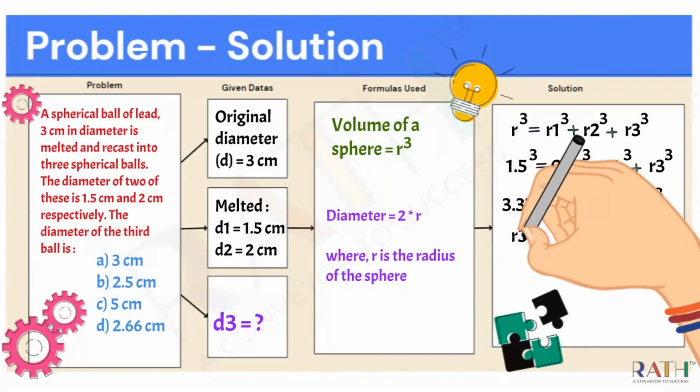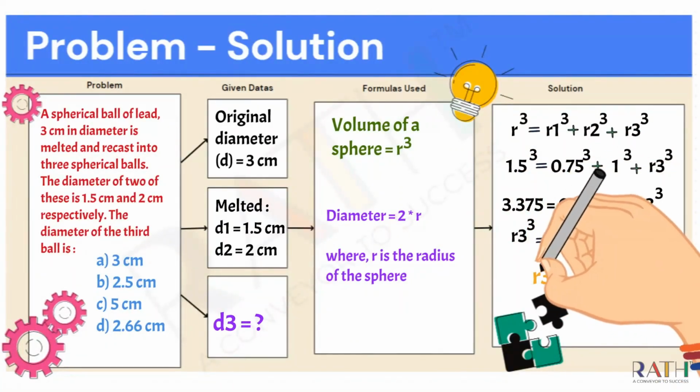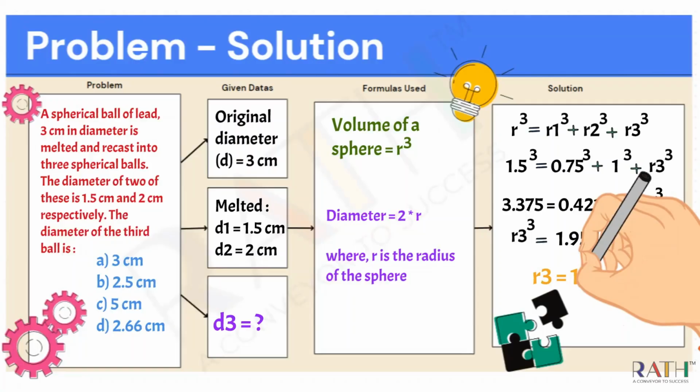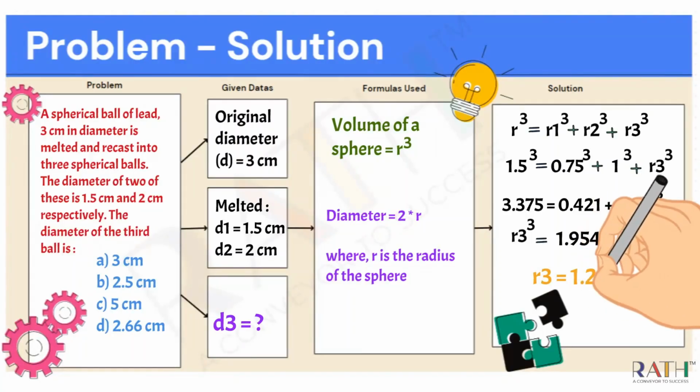Now what I am doing, I'm just taking the cube of these values. 1.5 cube is 3.375, and 0.75 cube is 0.421. 1 cube is 1, and r3 cube is the value that we need to find out, correct? So if I add and subtract, simplifying it, my value for r3 cube is 1.954. If I take the cube root, it will be 1.25.